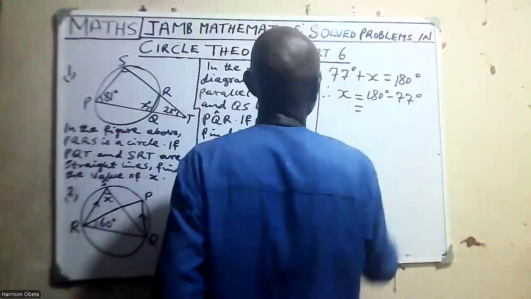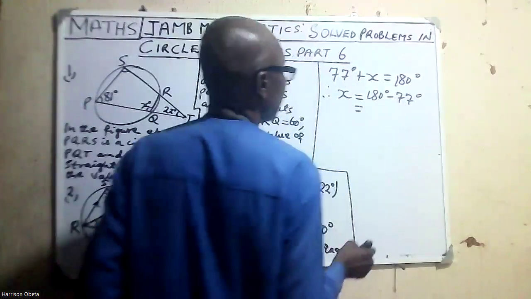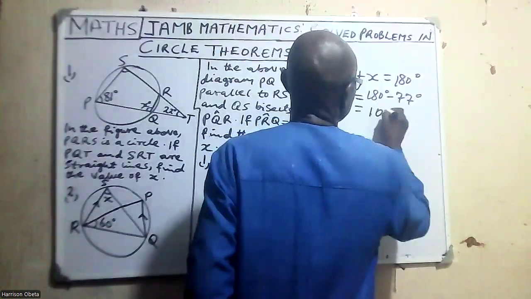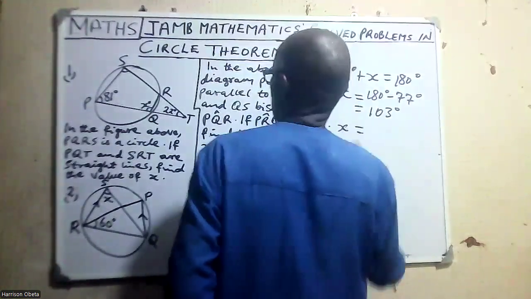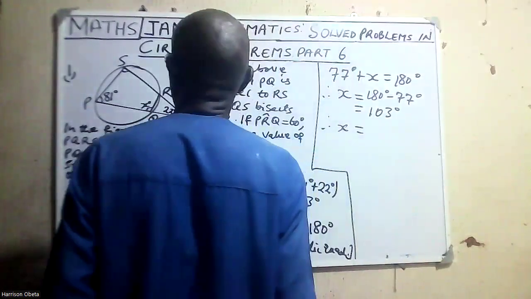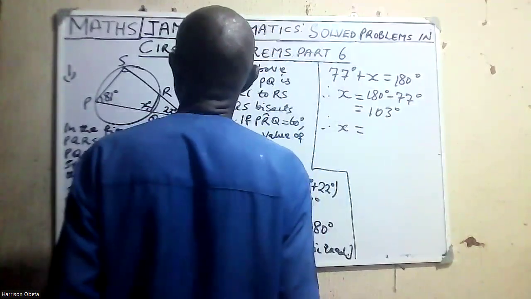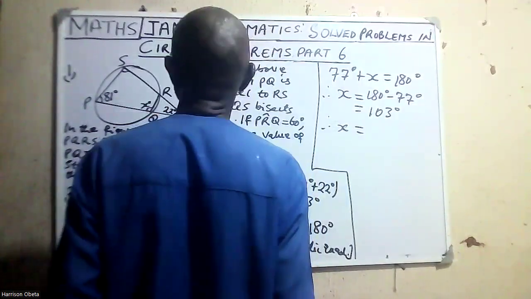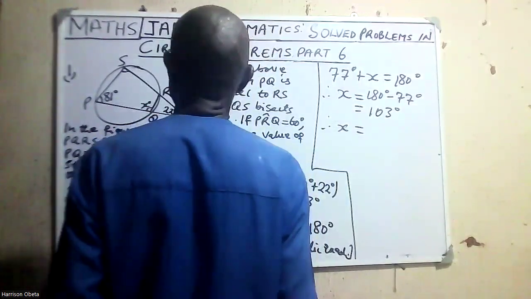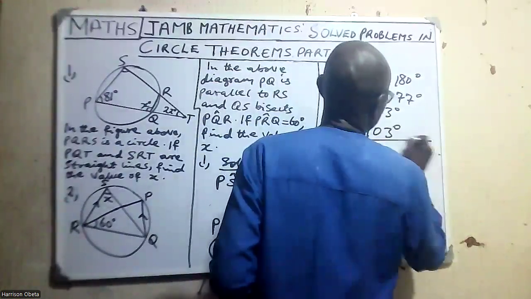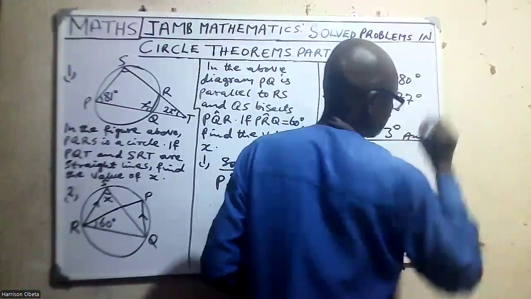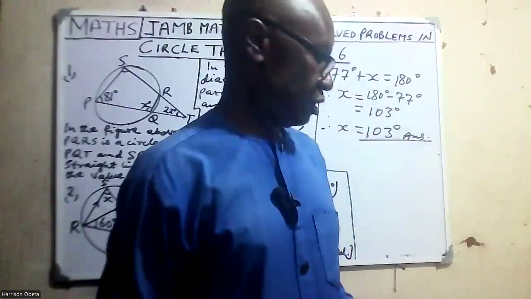I think that will give us 103 degrees. Therefore, X is equal to 103 degrees as the answer to that.